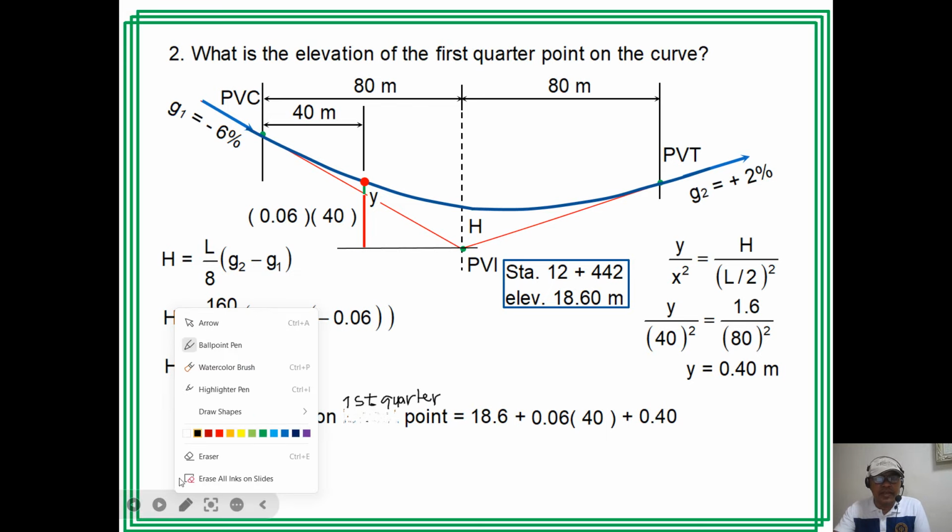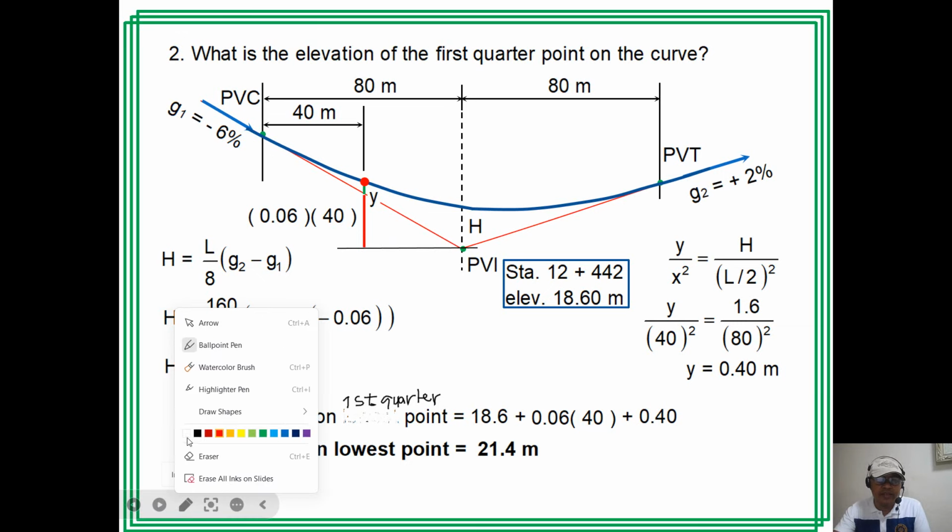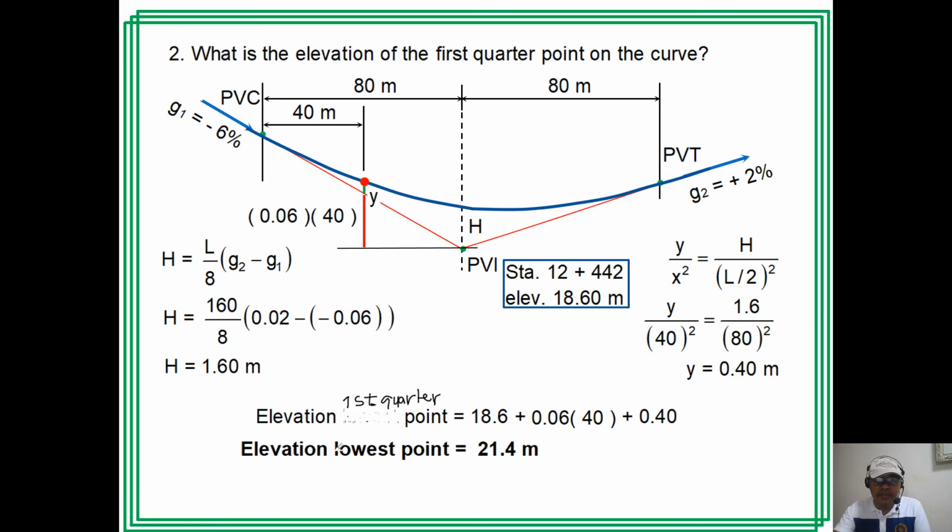So in the figure, the elevation of the first quarter point is equal to 18.6 plus 0.06 times 40 plus y, which is 0.4. So that is 21.4 meters. Okay, so just erase this.